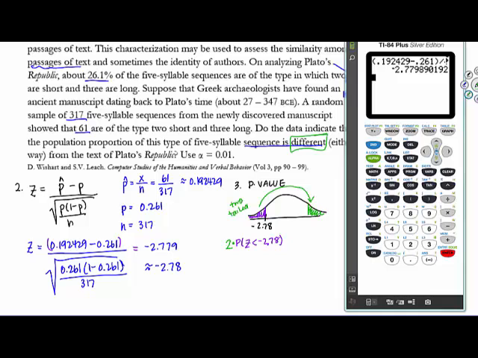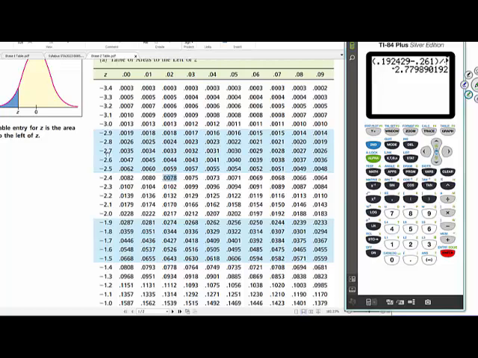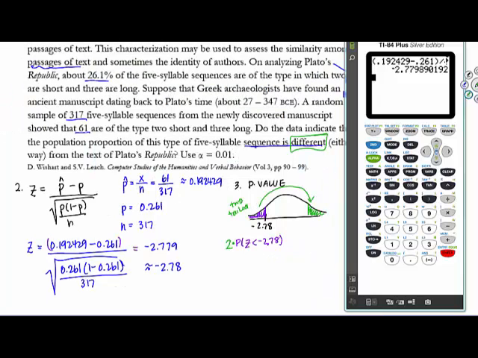Negative 2.78. 2.7, cross the column to 8, is 0.0027 for the p-value.